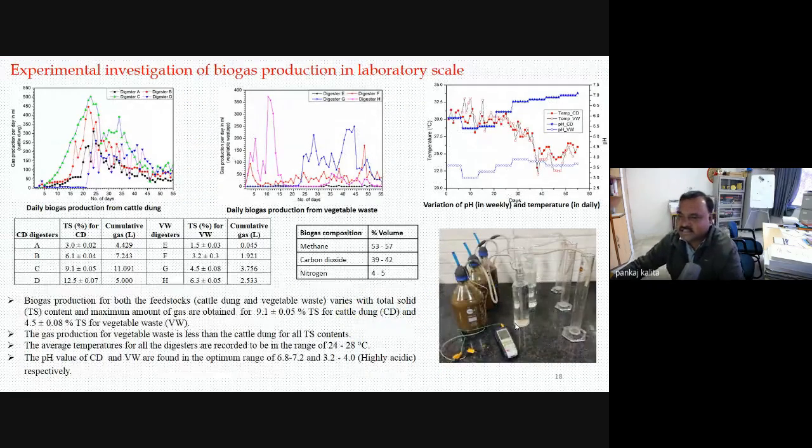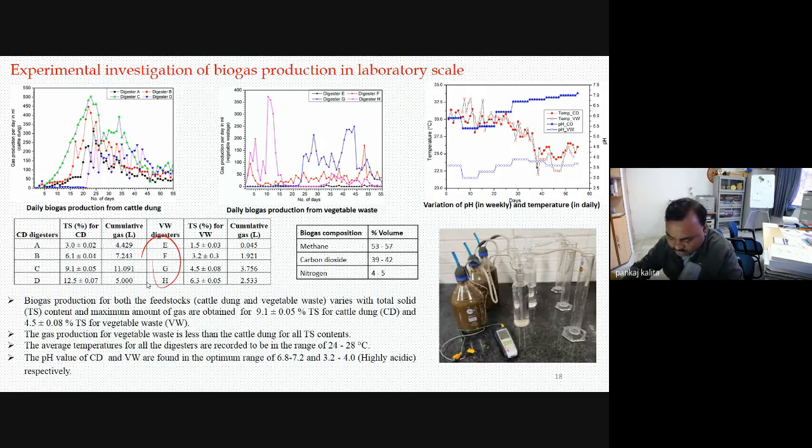And these are some of the investigations of biogas production in laboratory scales. So we have done some work on cow dung and some work on vegetable waste, and also some work on co-digestion. So what you can see here, digesters A, B, C, D stand for biogas generation when only cow dung was used, and this E, F, G, H is for vegetable waste.